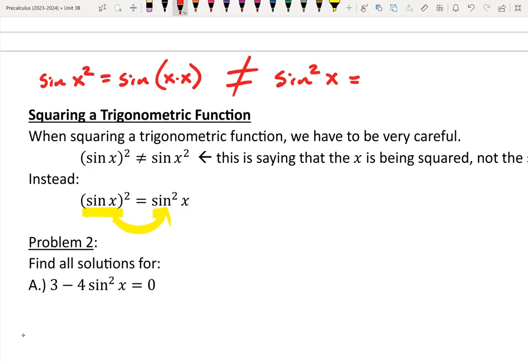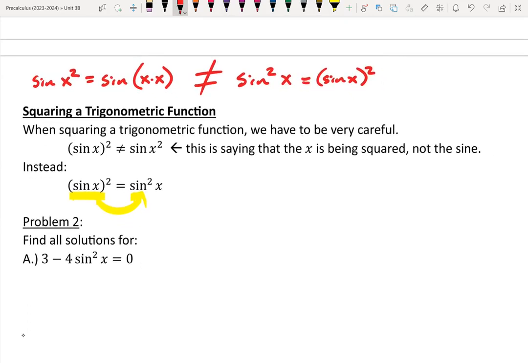Instead, we can say, hey, that would be sine squared of x. That's what that means, which actually means I am doing sine of x times sine of x. And this is more of what we'll be dealing with. When we square a trig function, and it could be squared, it could be cubed, it could be any power, that power has to come right after the trig part, not after the variable or the angle.